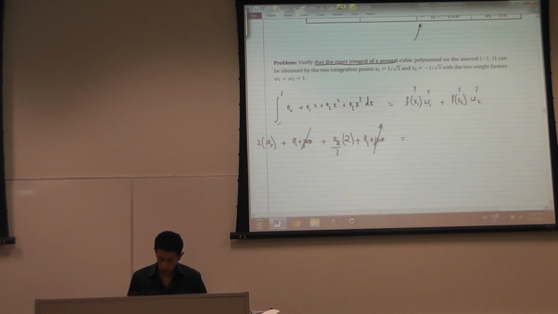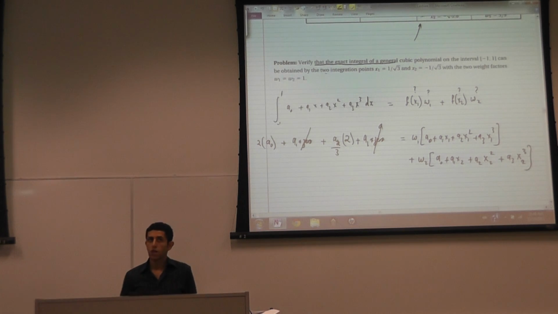This is equal to W1 f of x1, which is A0 plus A1 x1 plus A2 x1 squared plus A3 x1 cubed, plus W2 times A0 plus A1 x2 plus A2 x2 squared plus A3 x2 cubed.